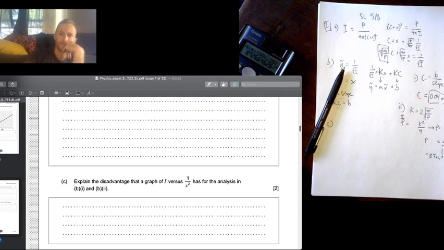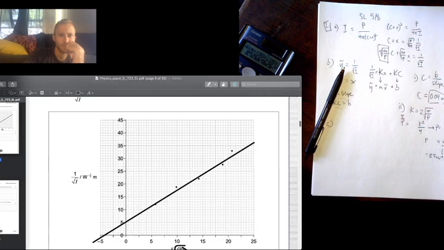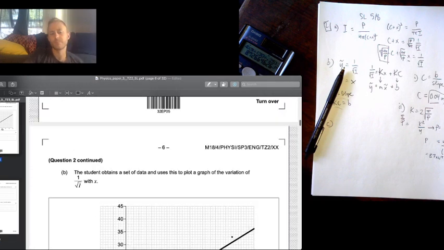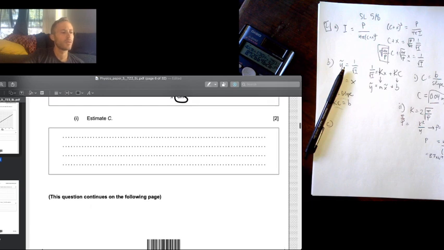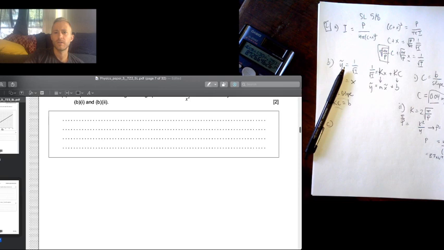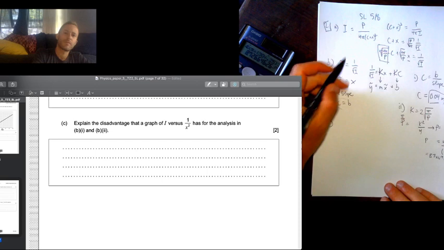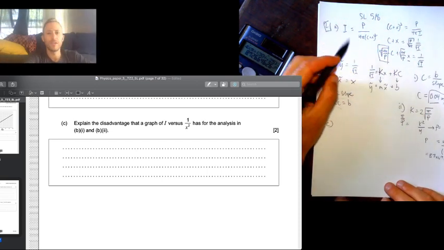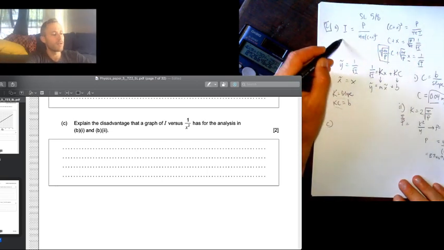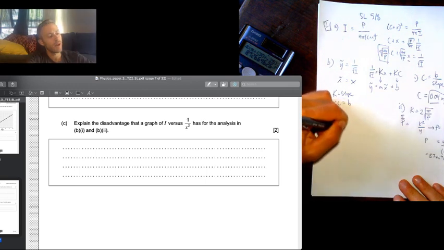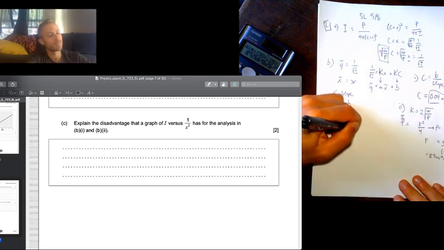So, what if we graphed I versus 1 over x squared? Basically, what I would say is that if we look at this equation, we can see that the graph won't be a line. The graph is not linearized.